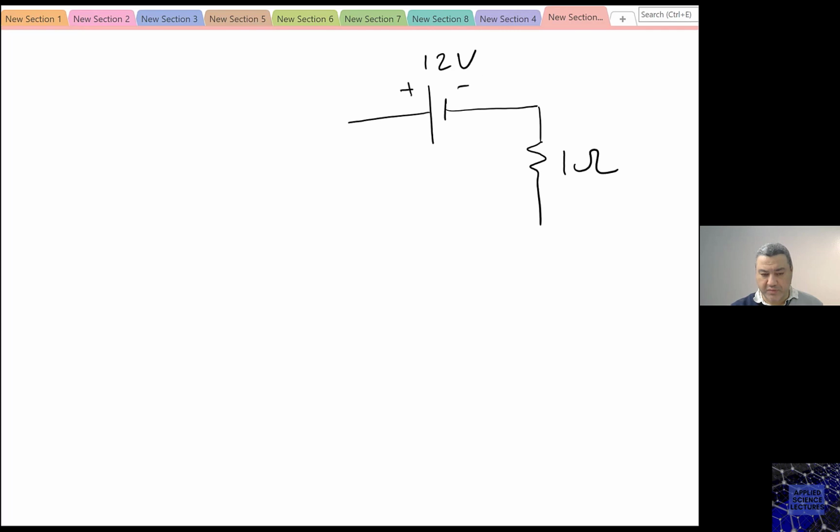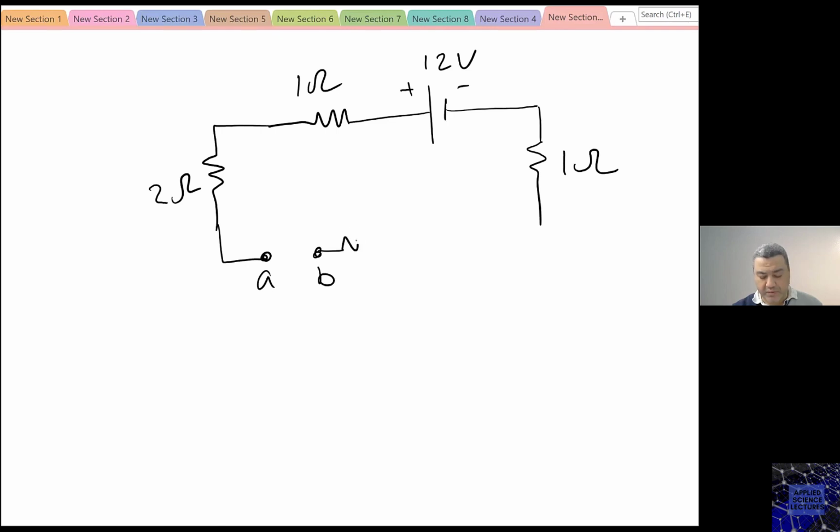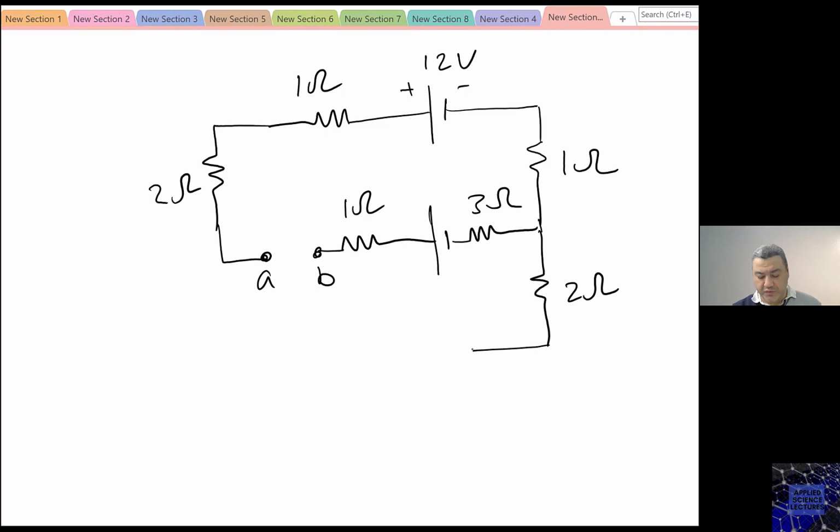So we have here 12 volts, 1 ohm, A, B, 1 ohm, 3 ohm, 2 ohm, 8 volts, 1 ohm, and 2 ohm.